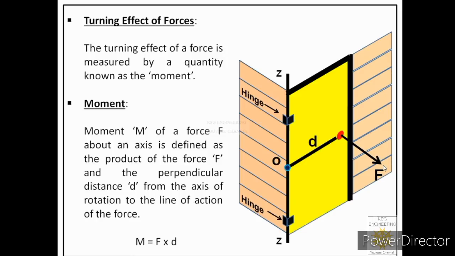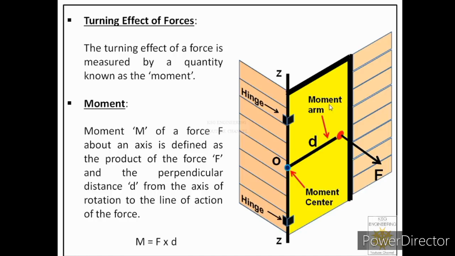Now let us understand a few more terms over here. When we draw the perpendicular distance, it will intersect the axis of rotation at some point. Let us call that point O, and we call that point the moment center, meaning the point about which we want to find out the turning effect of the force or the moment of the force.